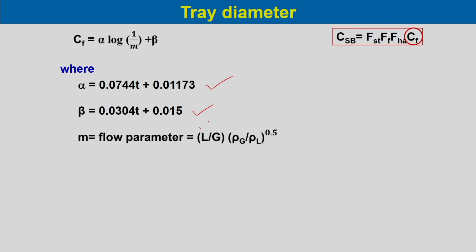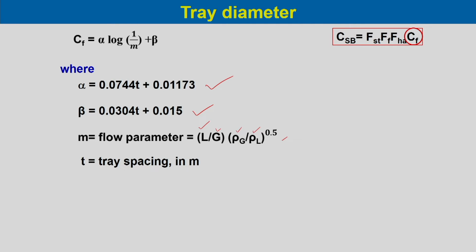So, L is the flow rate of the liquid, G is the gas flow rate, rho_G is the density of the gas, and rho_L is the density of the liquid. So, m equals L/G times (rho_G/rho_L) to the power 0.5.